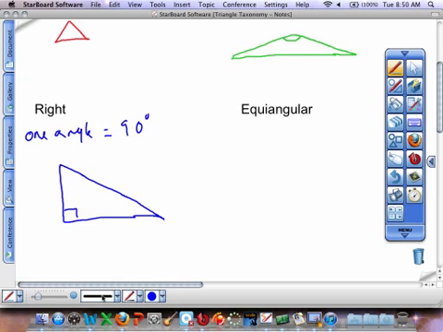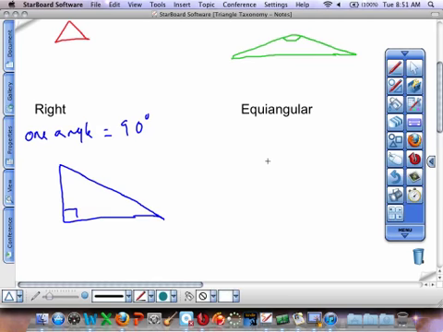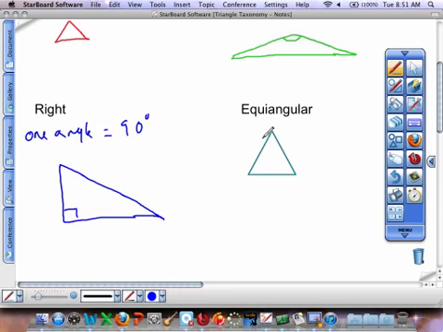And Tabitha, what about equiangular? Yeah, and not only that, but in this case all three angles, right? If we're talking about equiangular, all three angles are going to be the same. So equiangular, all three angles are the same.